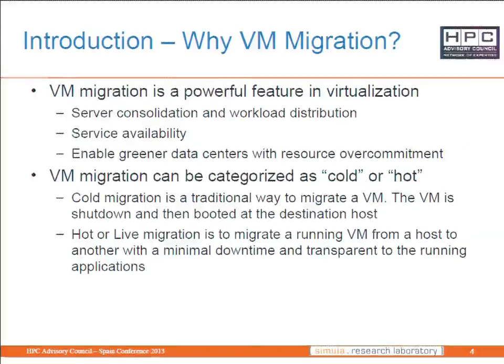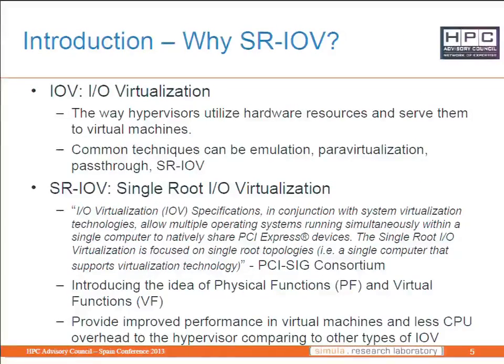So in this case, we want to go for hot or especially live migration. Live migration is when we migrate a running instance with minimal possible downtime, and this is also transparent to the running applications. I'll talk a little bit more about this later.